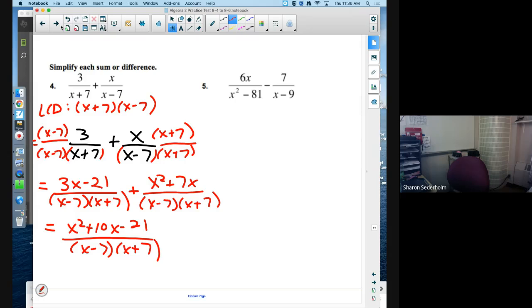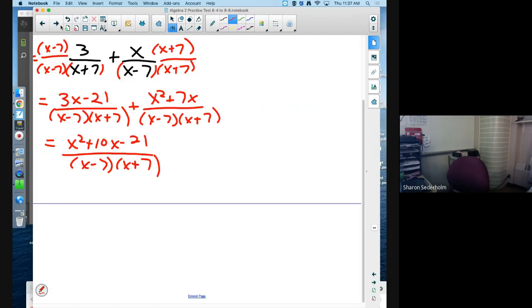With adding and subtracting, you've got to get them together, then do your reducing if you can. So the only way we would be able to do some canceling is if we can come up with the factorization of x squared plus 10x minus 21, and it happens to match what we have on the bottom.